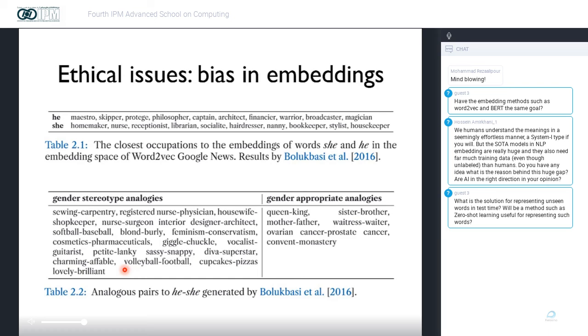Yes, this was just to give you a very brief introduction on debiasing on word embeddings and the existing issues on the ethical matters around word embeddings and machine learning in general.